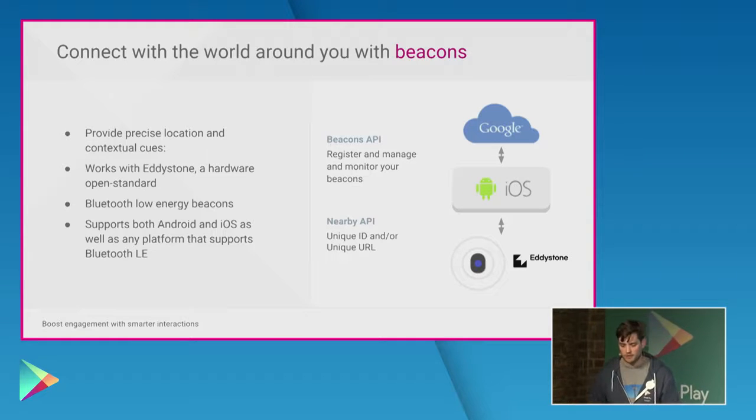We have the Eddystone format, which is the beacon format. It's an open source format made by Google that basically defines three payloads. You can have a device identifier, which provides context to your apps so you can build interactive experiences on top of them.